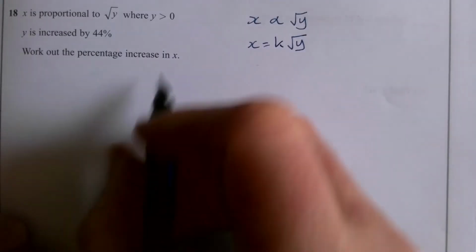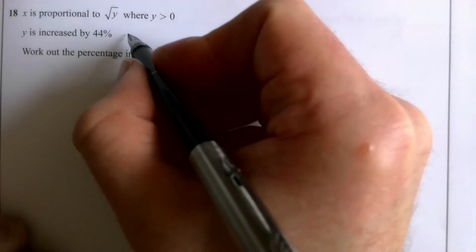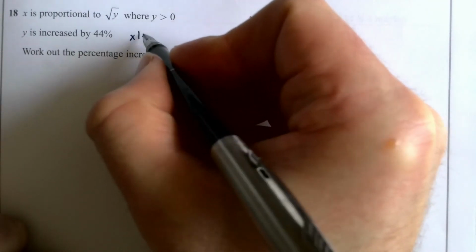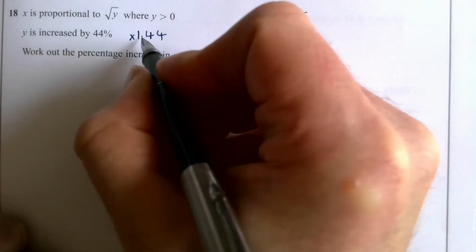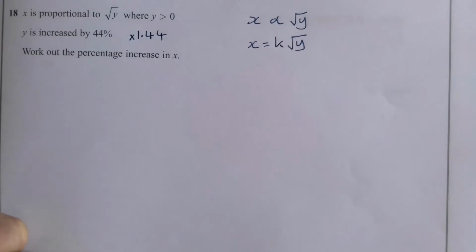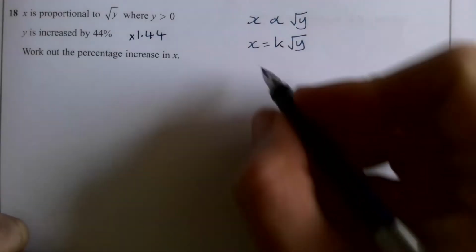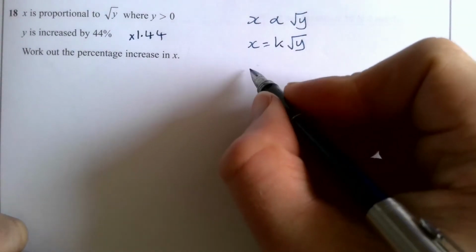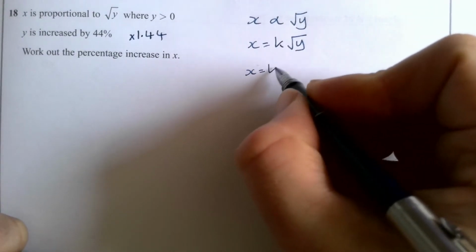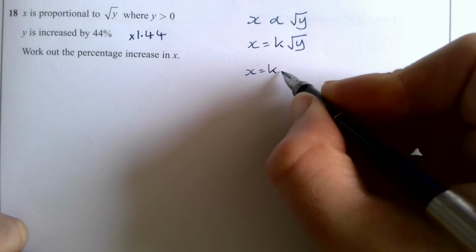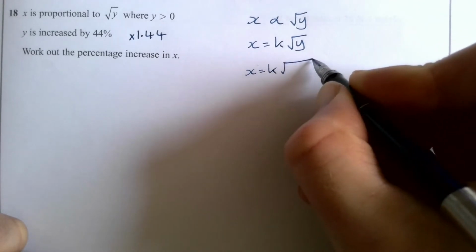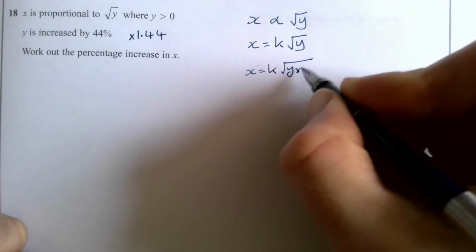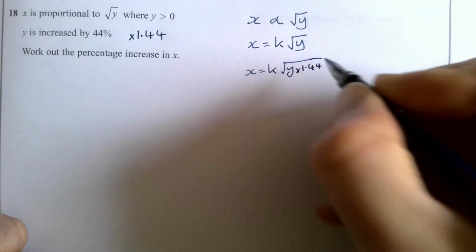Now, if you increase something by 44%, you do that by multiplying by, adding 44% to 100% gives you 144%, which is 1.44. So I could say that my x is going to be whatever k is, we don't know that, multiplied by the square root of y times 1.44.